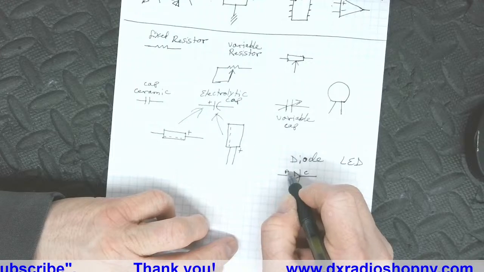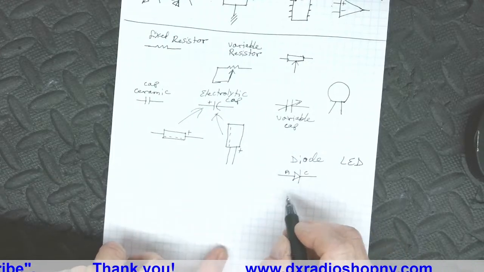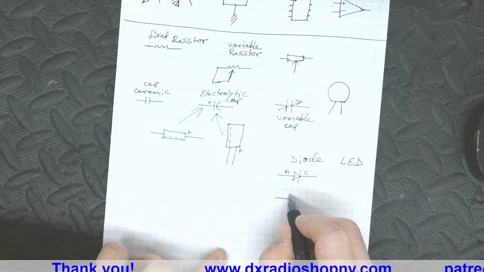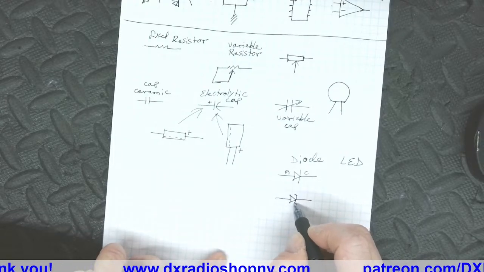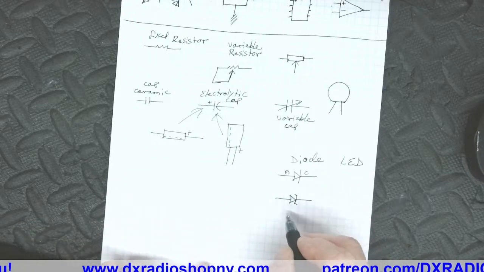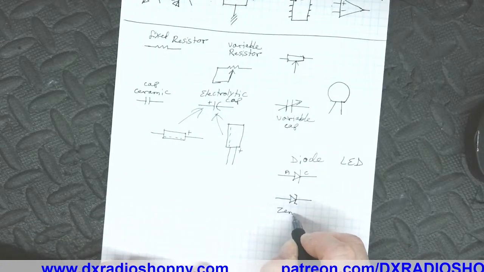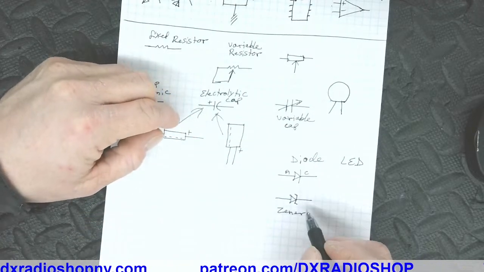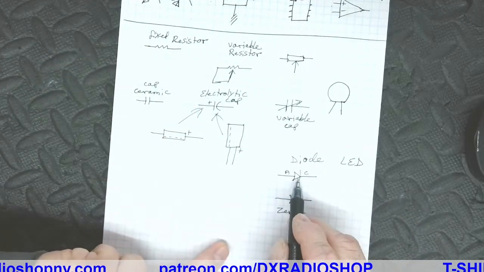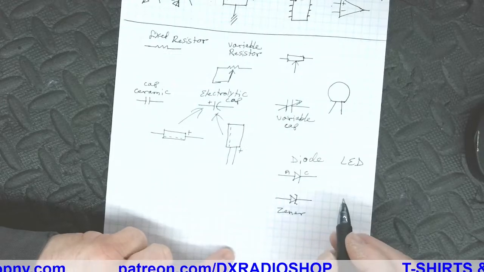This is your anode. Now you might see another symbol similar, but you might see this. That is a Zener diode, which is a voltage control diode. Okay? This is a switching diode typically.